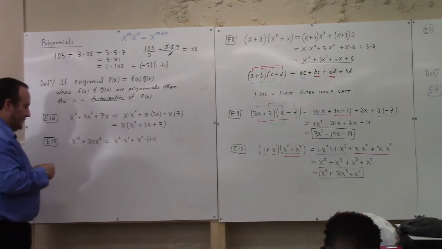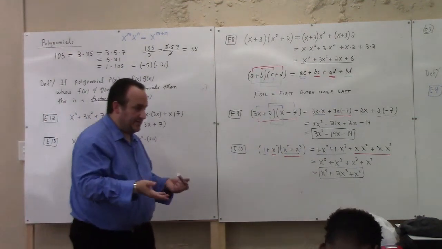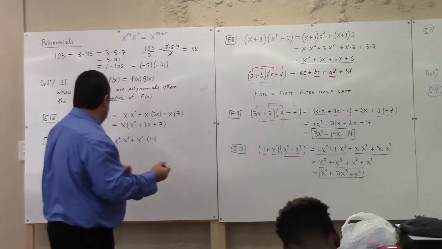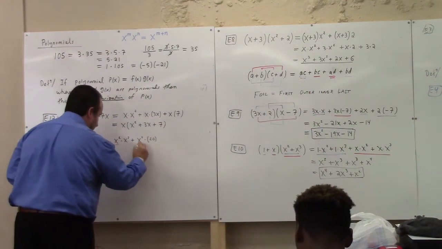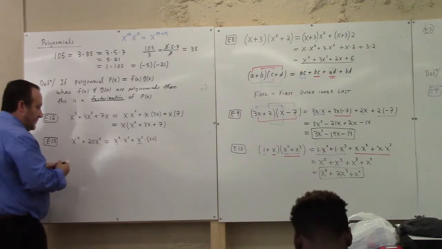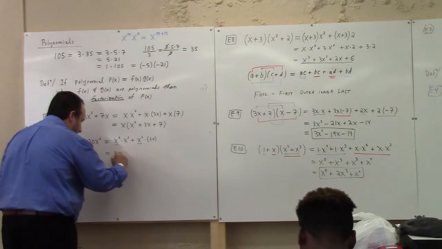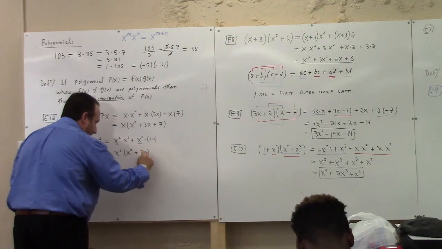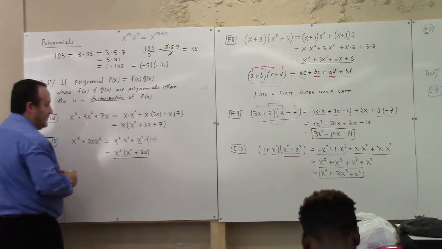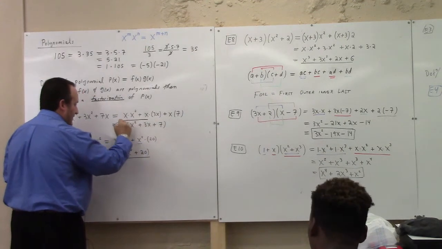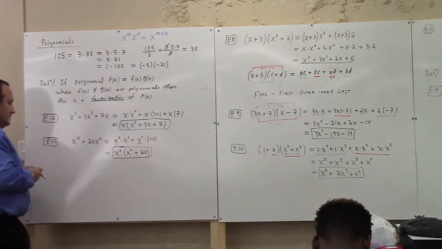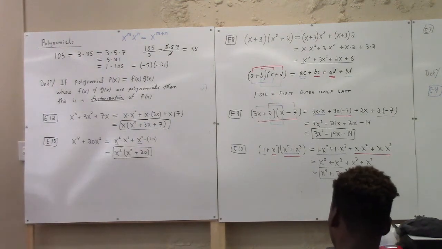I've got a common factor of each term. See that x squared sitting there, here and here? So I can factor that out by the distributive property. I've got x squared times x squared plus 20. So there you go. That is a factorization of that polynomial.